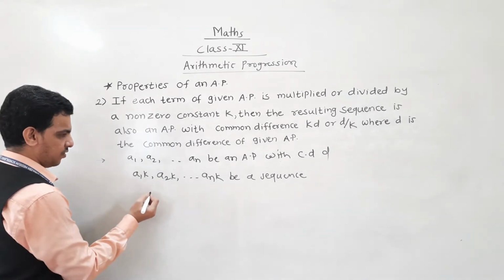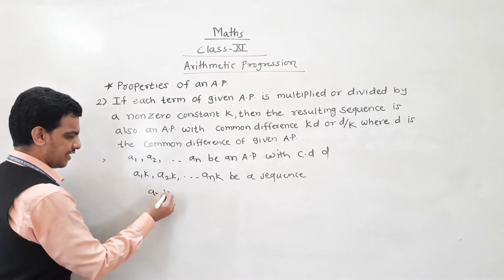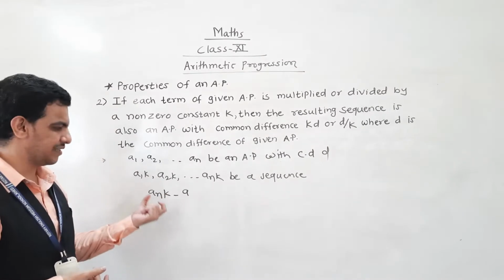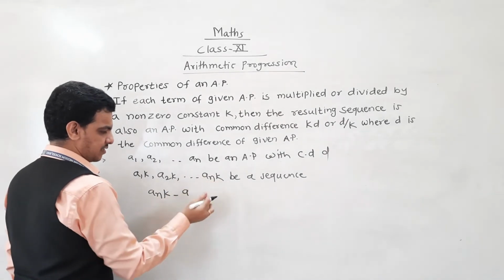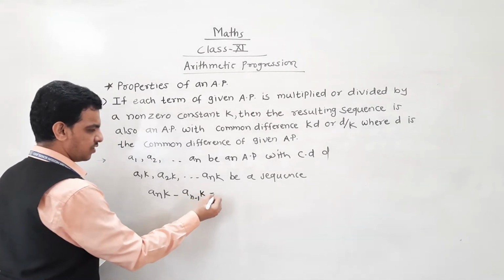If we find the common difference, taking the general term, it is ANk minus the previous term, An minus 1 into k.